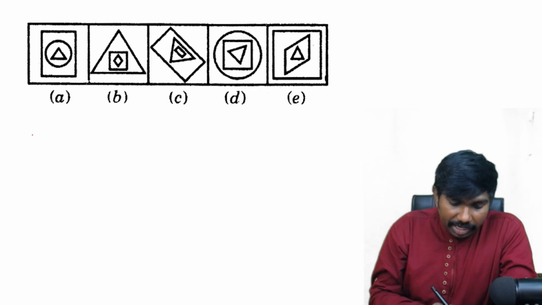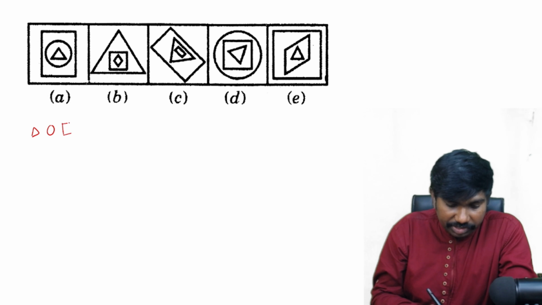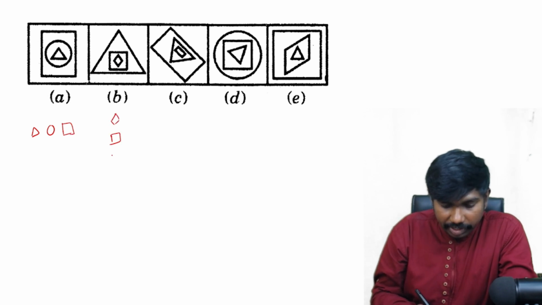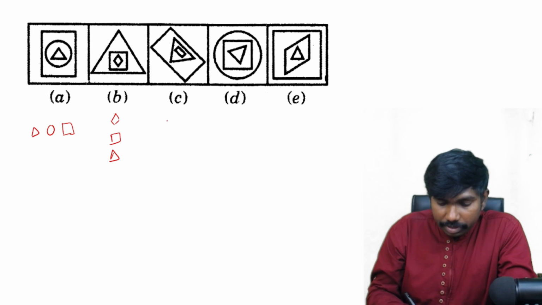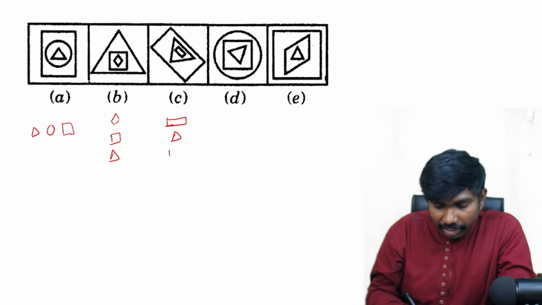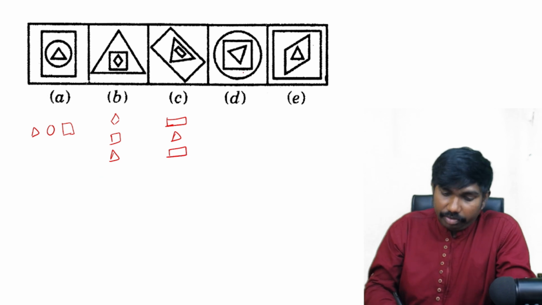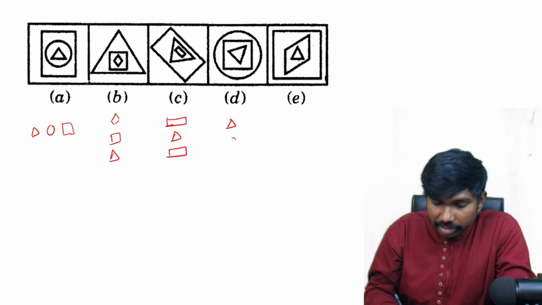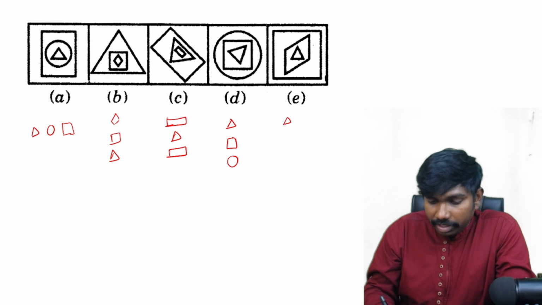Next one, there is a triangle, circle and rectangular square shape. This one has a rhombus shape, square and triangle. Here a rectangular shape, triangle and again a rectangle. Here triangle, square and a circle. Here triangle, parallelogram and a square.